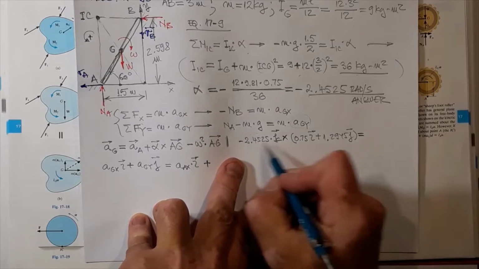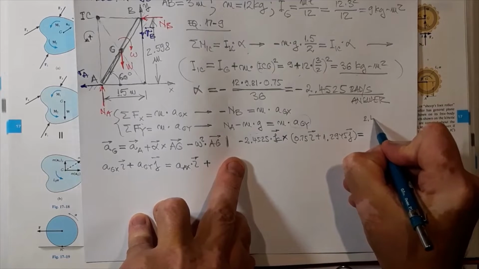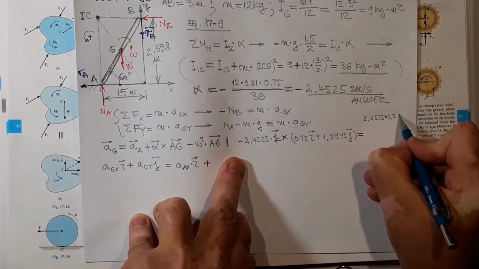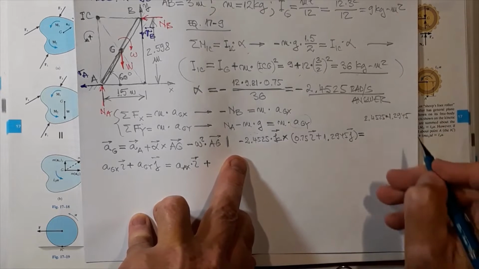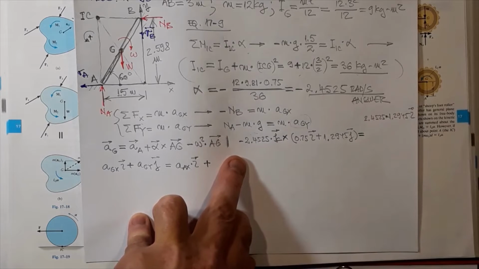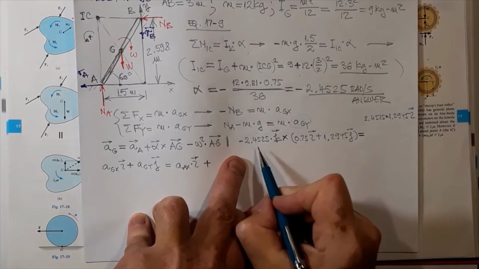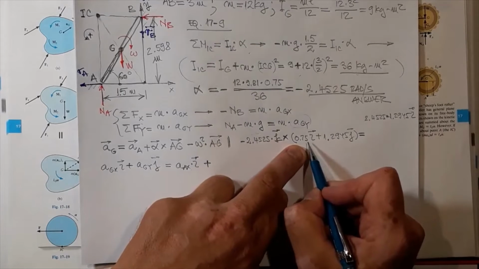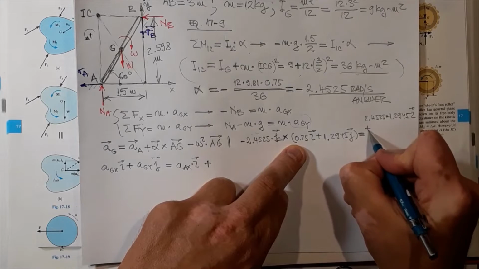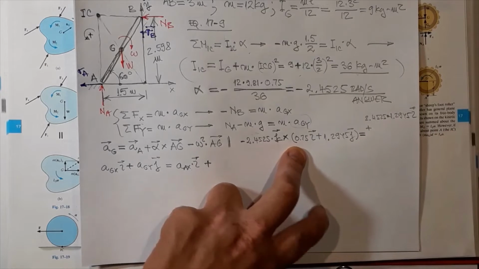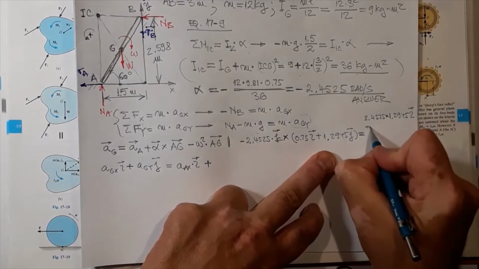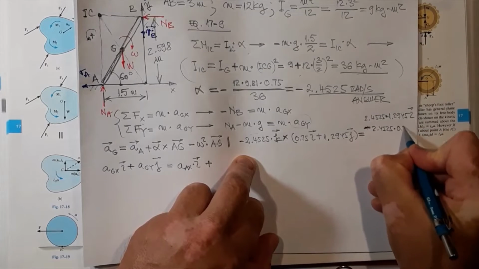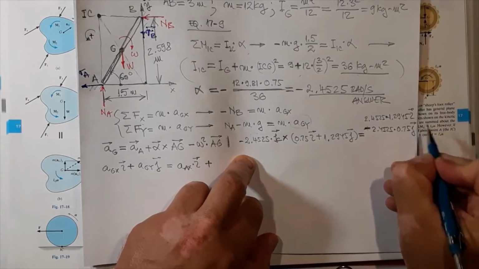So I'll have negative, it's positive 2.4525 times 1.2945, and this is I. And then I have plus what's along K times the x-axis component. So it will be plus, but with the minus in front makes minus 2.4525 times 0.75, and this is the J.